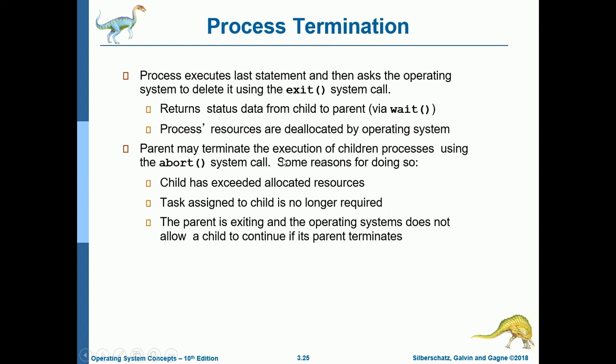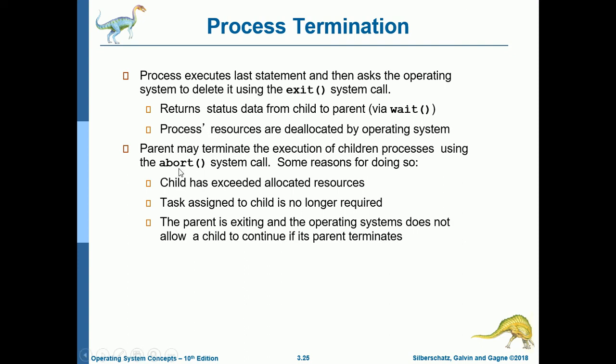A parent may terminate the execution of child processes using the abort system call. The normal termination is exit, meaning that the process will return its allocated resources to the operating system.